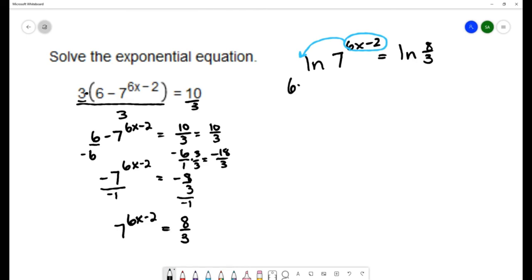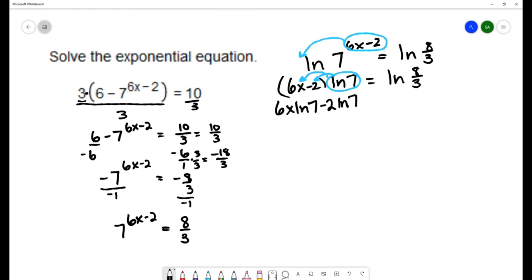So we get 6x minus 2 in parentheses, natural log of 7 equals natural log of 8/3. I'm going to use the distributive property and distribute this natural log of 7 to both terms. That gives 6x natural log 7 minus 2 natural log 7 equals natural log of 8/3.